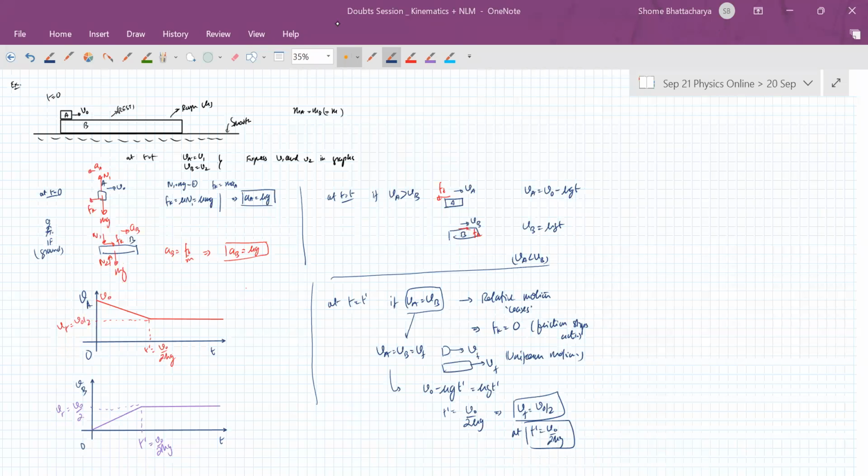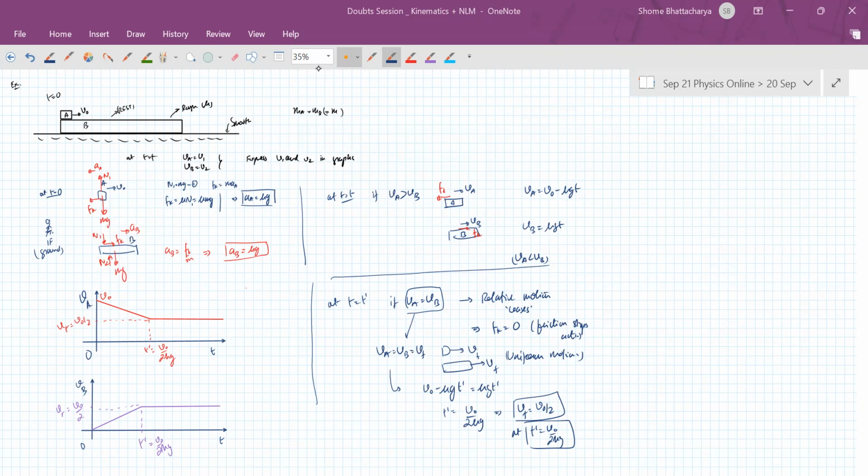Yes, sir. Okay. Sir, in which cases would the other graphs apply? Like the graph in D? Yes, sir.